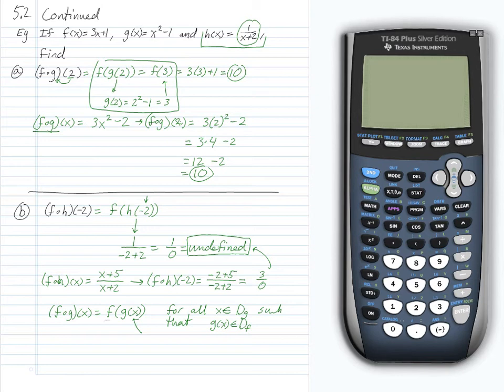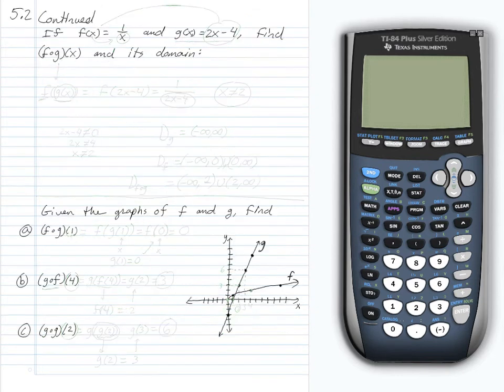I could also try to plug something into f that would be a problem, and let me show you what I mean by that. So here we have two new functions, f and g, f of x being 1 over x and g of x being 2x minus 4. So f composed with g of x, that is, we want to find f of g of x.